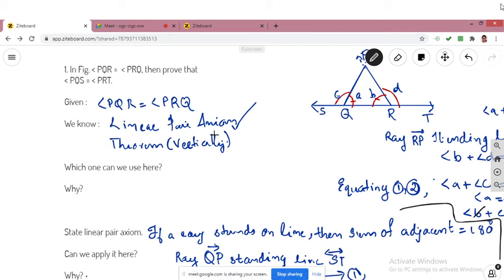So to apply the linear pair axiom we needed a ray and a line and adjacent angles. So here we found two rays, ray PQ and ray RP, standing on the line ST. So we first took the ray QP.